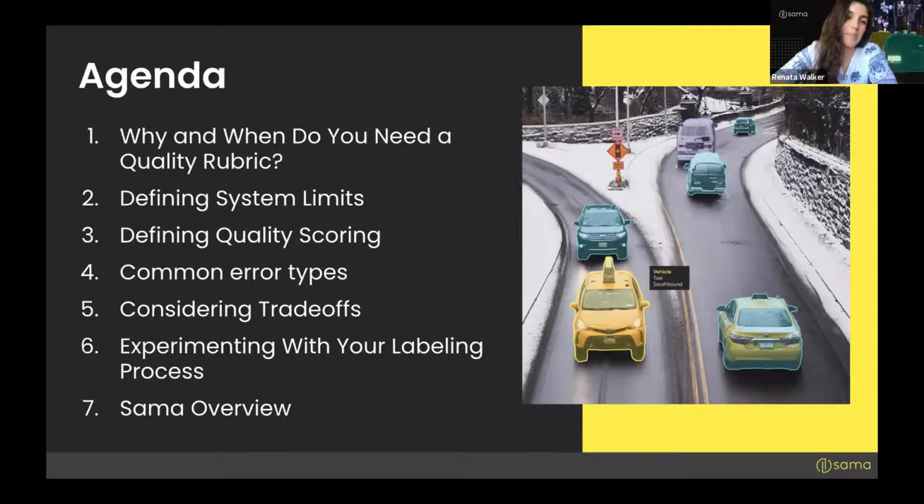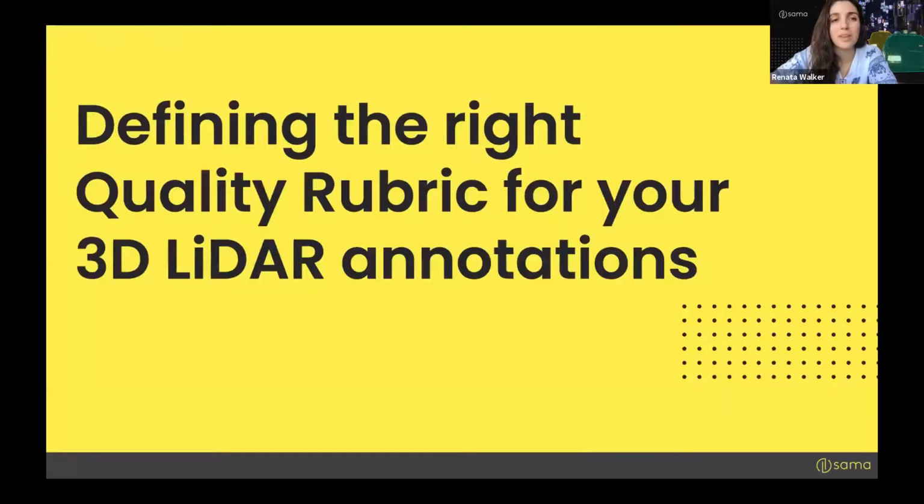I'll also cover considering trade-offs depending on where you are in your development cycle, and how important it is to experiment with your labeling process, with your internal labelers, with yourself as a labeler, and with your labeling partners. And lastly, I'm going to give you a quick overview of Sama and who we are, and that is all we're going to be covering today.